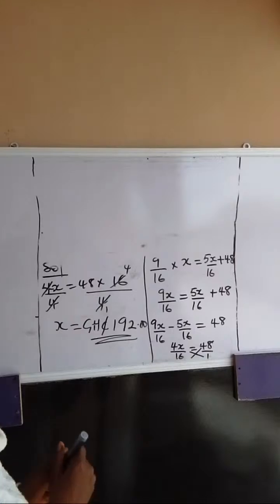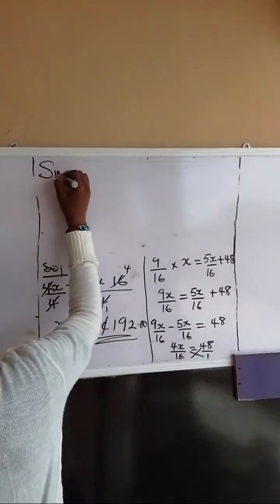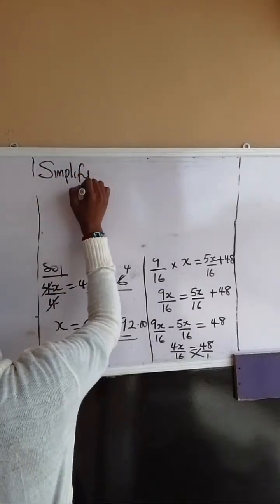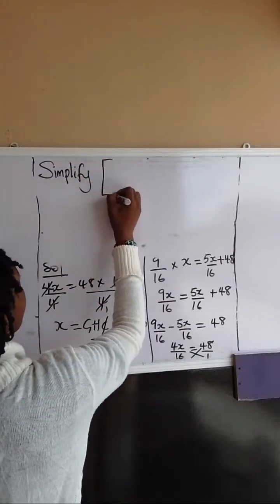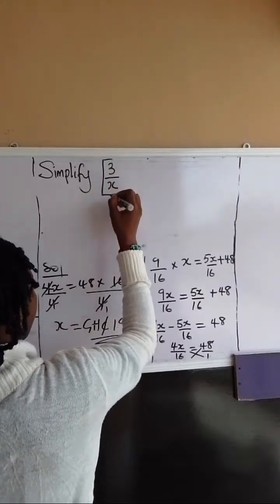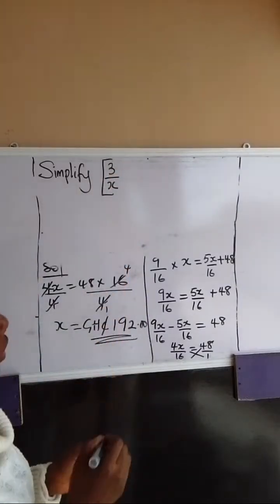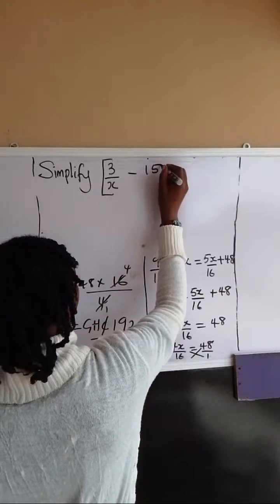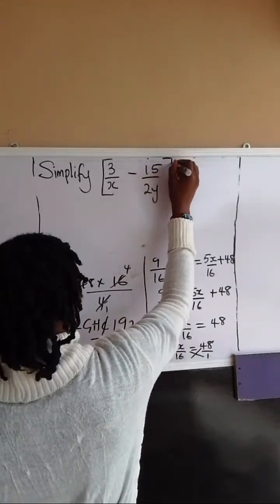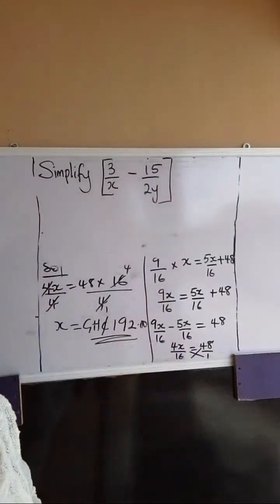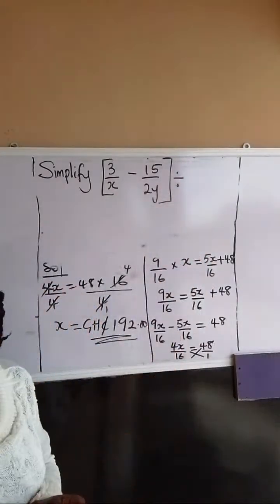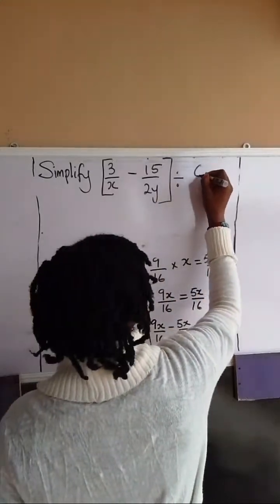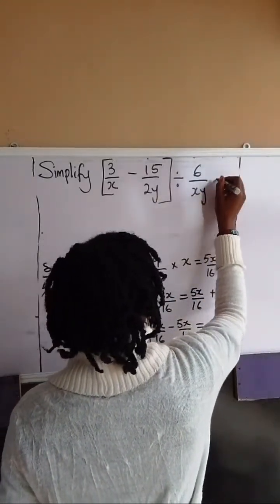So, simplify: three over x minus fifteen over 2y, divided by six over xy.